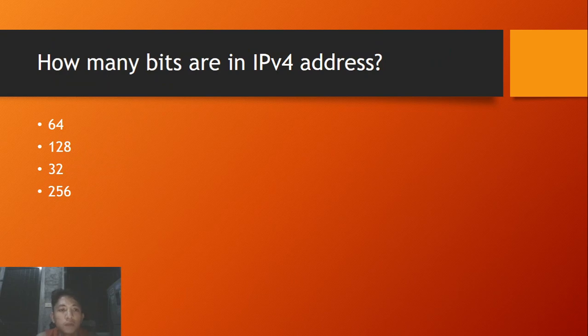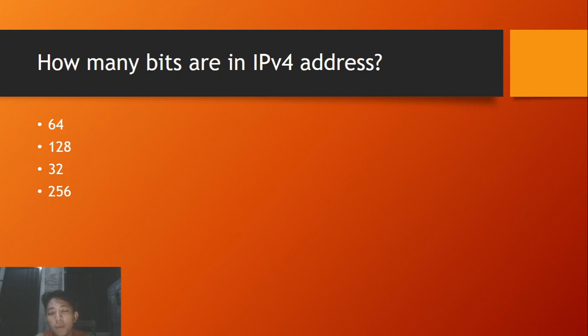So the next one is, how many bits are in the Internet Protocol version 4 address? We have here 64, 128, 32, and 256. So how many bits are in IPv4 addresses? In IPv6 we have 128, then in IPv4 we have 32.